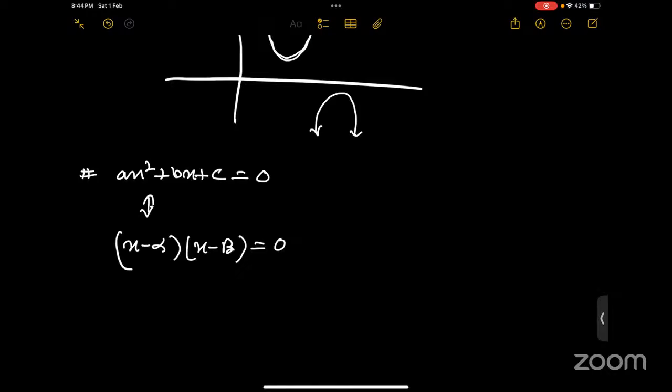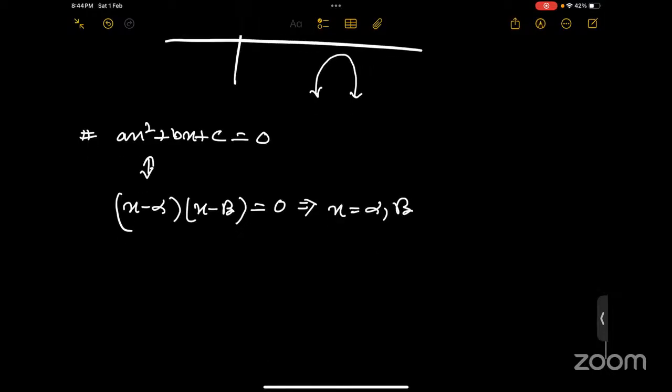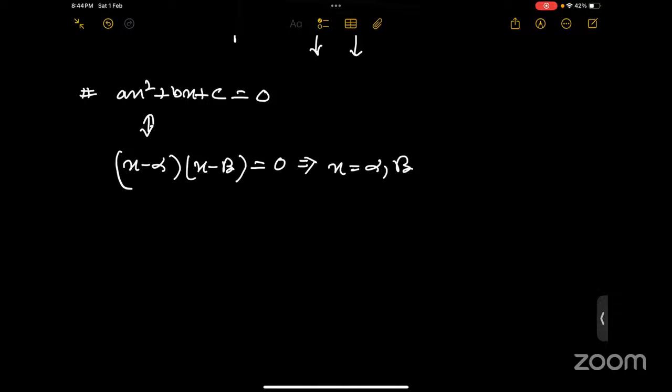Once we can factorize the equation, we can directly find the roots. The roots in that case will be alpha and beta. To find the roots, we have a method called the FOIL method. What does the FOIL method say?